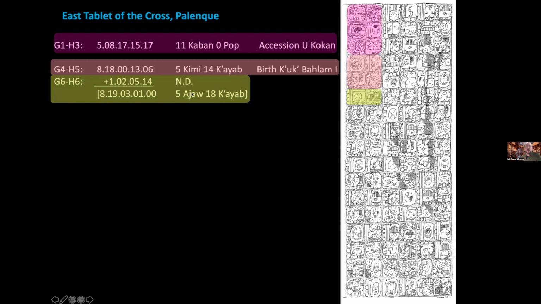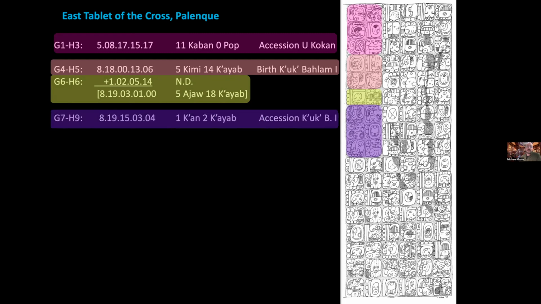It seems to be leading to nowhere, which is, I believe, what the title of his paper was, a distance number leading nowhere, or something to that effect. But we then see, again down here, the accession date clearly calculated for K'uk Bahlam I as 8-19-15-3-4, and this can be fixed with the rest of these historical dates using the intervals with them and the dates that we know are associated with long count positions.